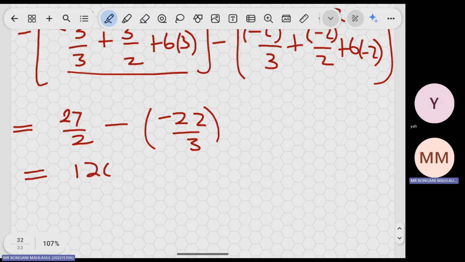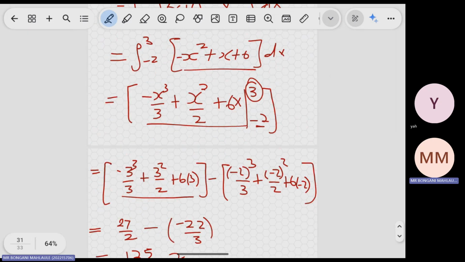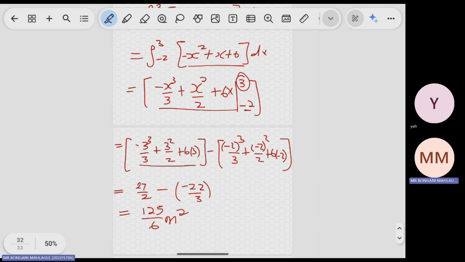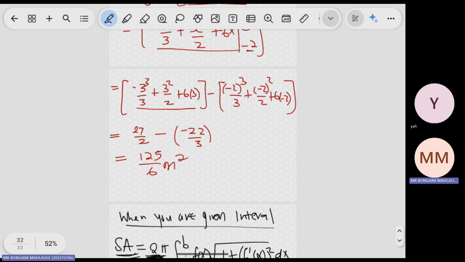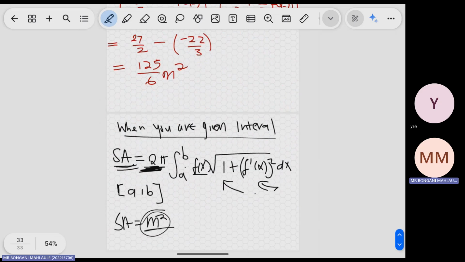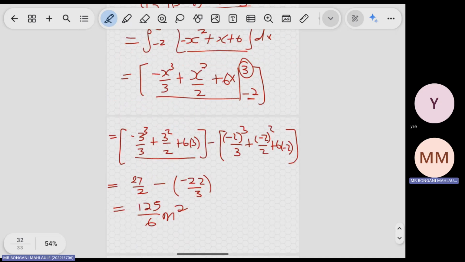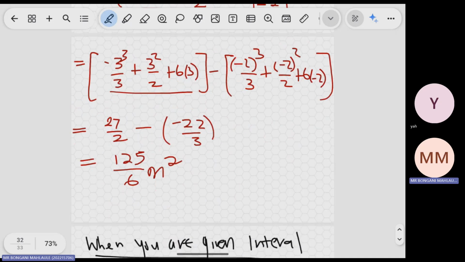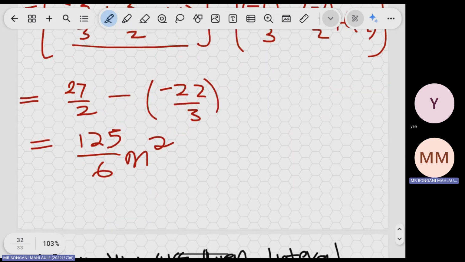Then the final answer will be 125 over 6 meters squared. Did you guys get it? And this will be our area.